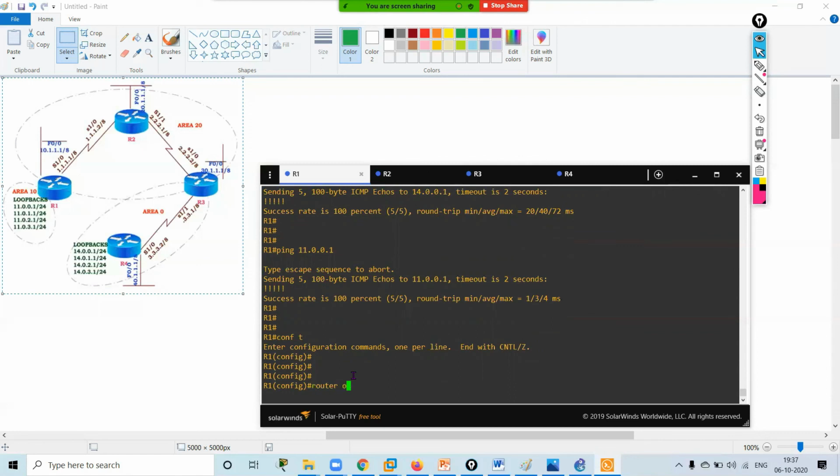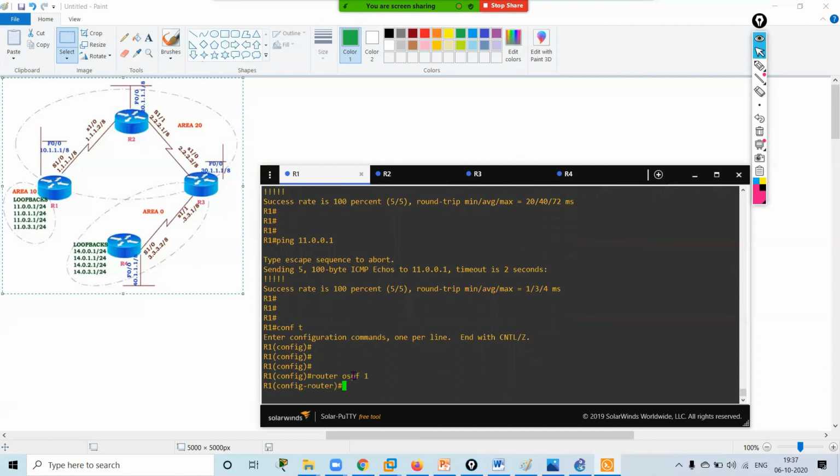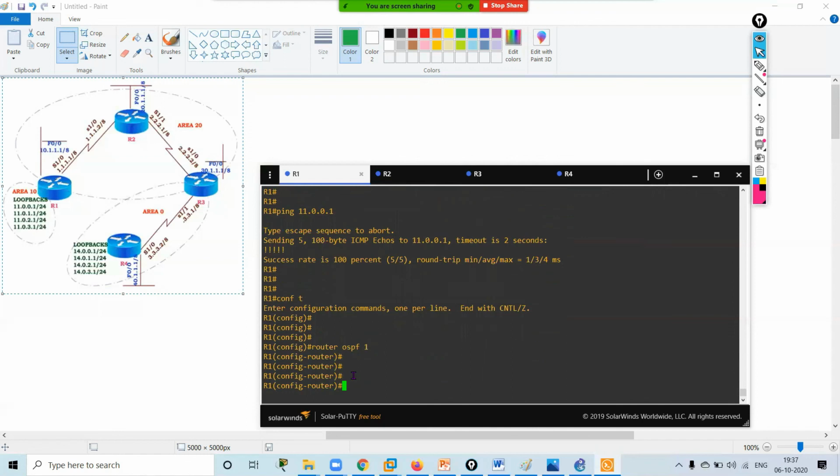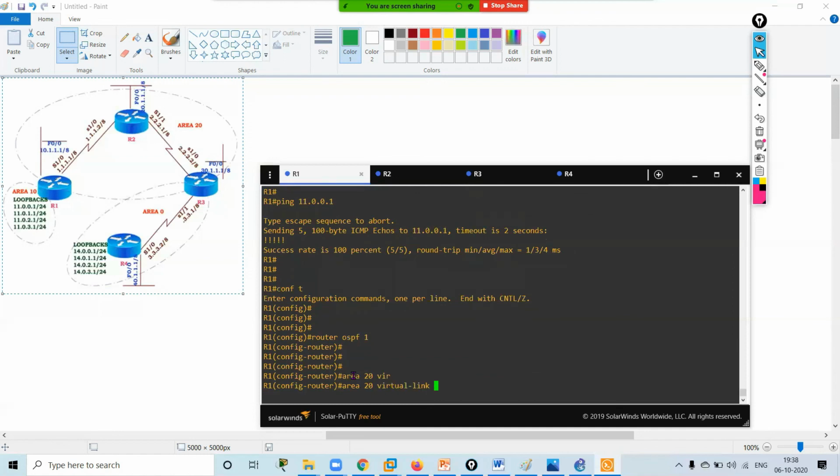Go inside router OSPF mode and you have a command over here, area 20. This is my virtual area. Area 20. You have to give a command which is your virtual area. Area 20, then virtual link.